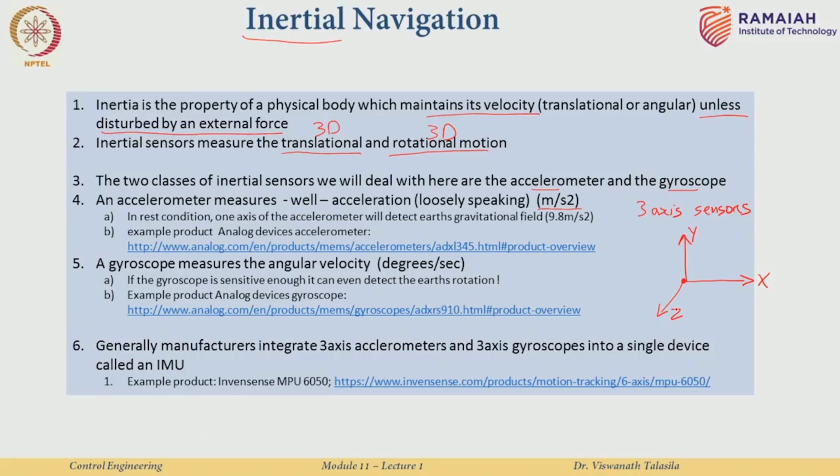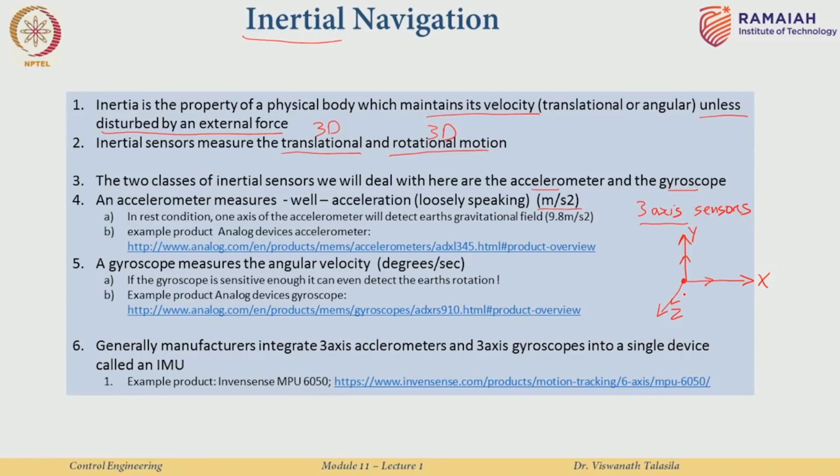In the literature they commonly do not call it x, y and z, there are specific notations for this, we will see this a little bit later. For now we only need to know that motion takes place in 3 dimensions, and each of these 3-axis sensors measure the motion along each of these axes. It could be a gyroscope, it could be an accelerometer as well.